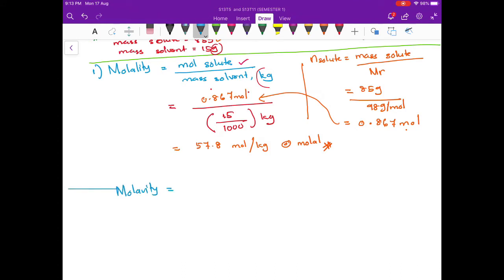Molarity is equal to mole solute over volume solution in liter or decimeter cube. Alright, so we already have the number of mole solute, which is 0.867.